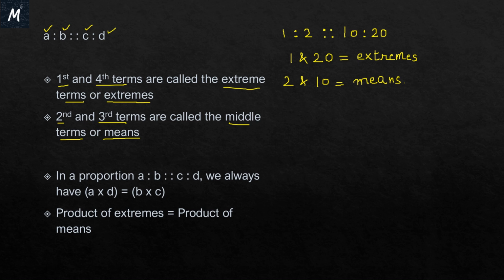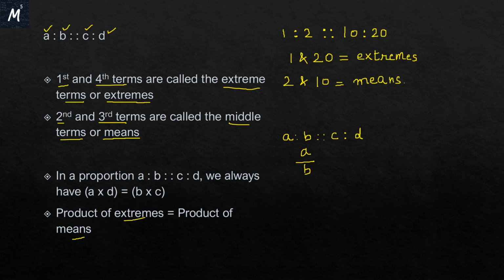Okay, next, in a proportion, we always have this relation between extremes and means. That is, product of extremes is equal to product of means. Let us see how we get it. If we have A is to B as C is to D, these are the two ratios which can be written in fraction form.